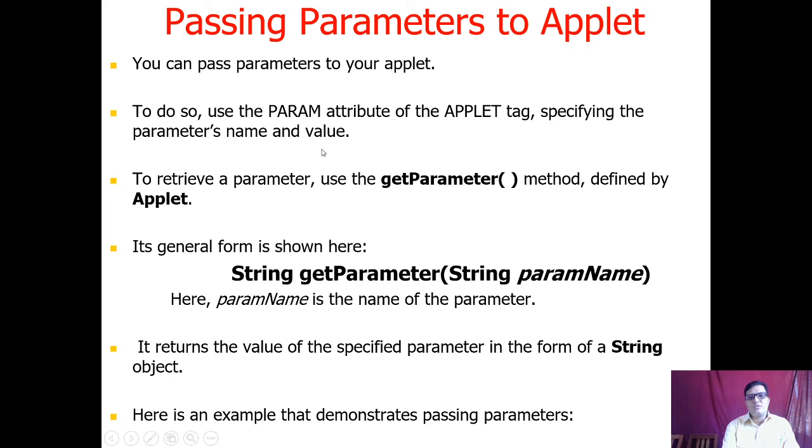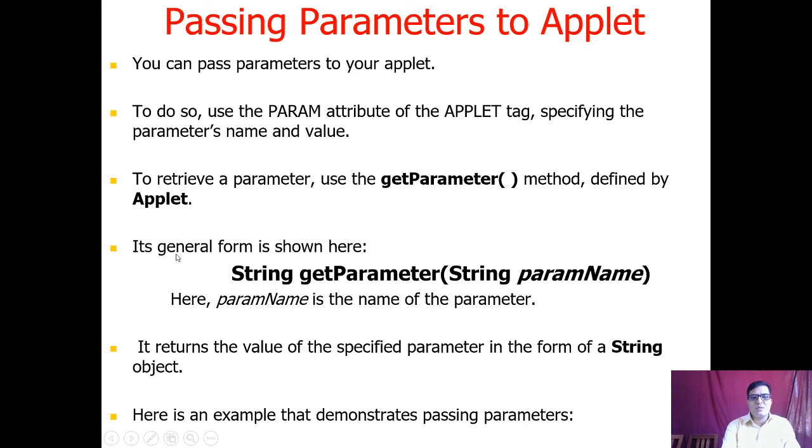We will see how it works. To retrieve a parameter, that is, if you want to access the parameter value, use the getParameter method defined by Applet. If I want to access the value of a param tag, I have to use the getParameter method.